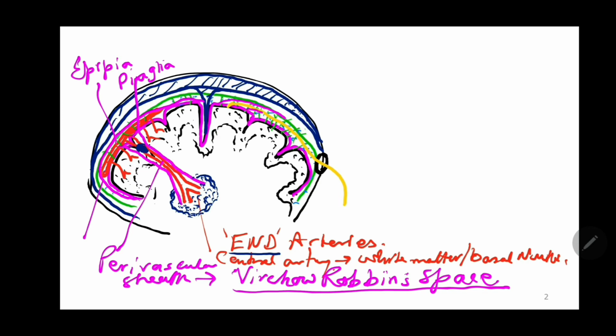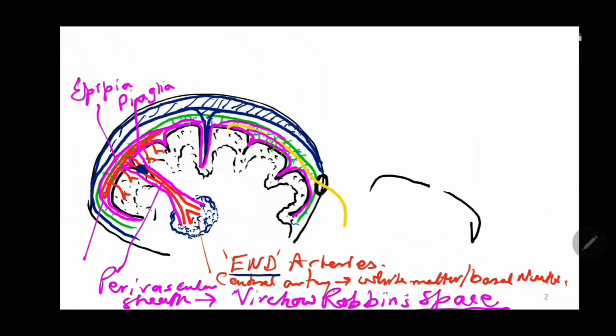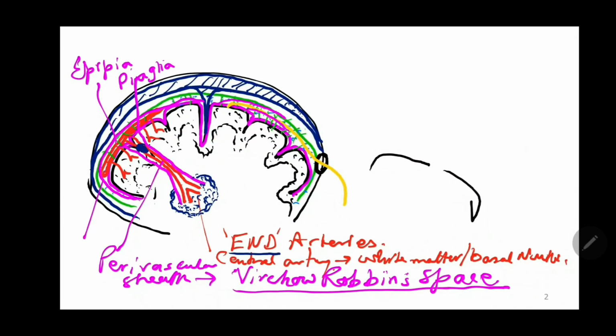Now the space is becoming less. I have to make this a bigger size. Let's say this is the cerebral cortex, and this is the gray matter surrounding.